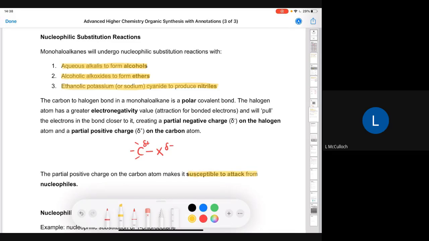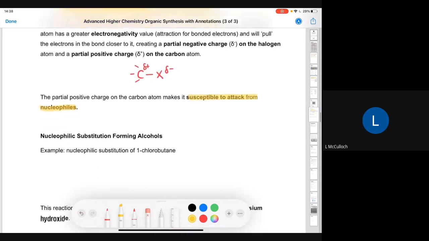And it is for that reason that monohaloalkanes can undergo nucleophilic substitution. If we didn't have that difference in electronegativity value, the carbon wouldn't have a slightly positive charge and the nucleophiles would have nothing to attack. Therefore, the reaction simply wouldn't happen.